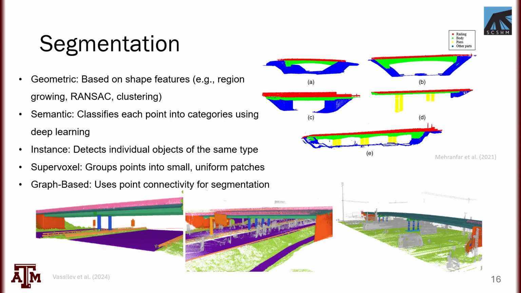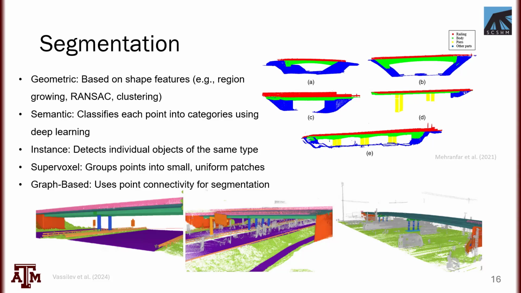We can perform instance segmentation. This is when you detect individual objects that have the same class. We have supervoxel, graph-based, color-based segmentation. These are all available. The two segmentation approaches that are used the most are semantic and instance. Okay, so that's the second step.